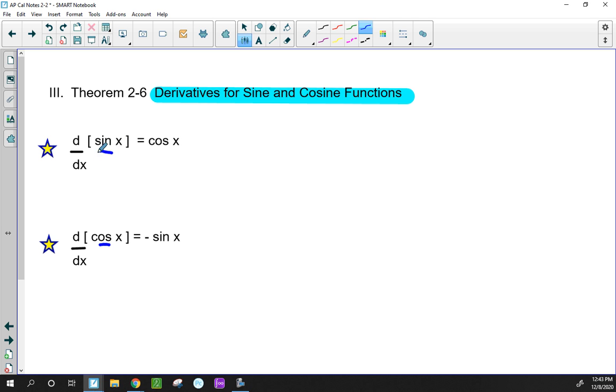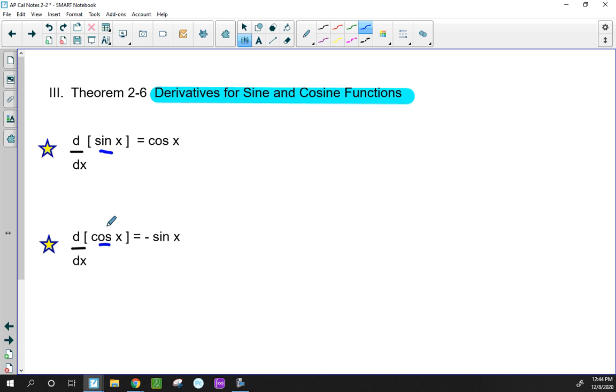Please notice the notation: d dx, find the derivative with respect to x of sine x. Anytime you have a sine in your problem and they're asking for the derivative, the answer is going to be the cosine of that same variable. The derivative with respect to x of sine x is cosine x.